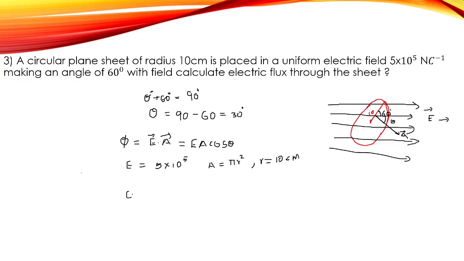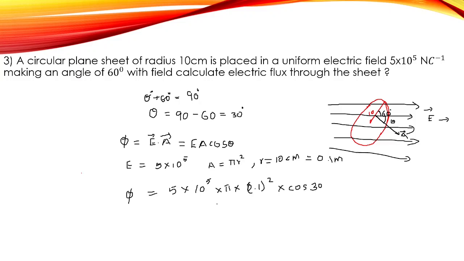So we get electric flux is equal to 5 into 10 raised to 5 into pi into r square. What is r? When we are taking it in meters, it will be 0.1. Let's write it here or you will get confused. It is 0.1 meter, 0.1 all square, and cos theta is cos 30 degrees.